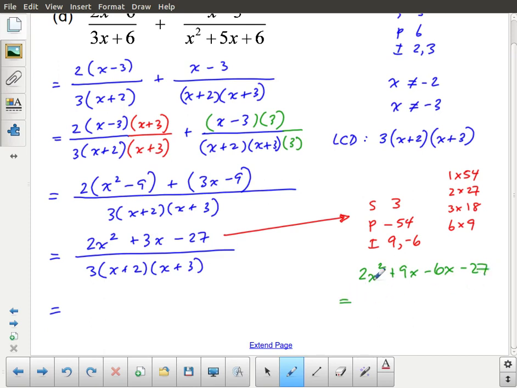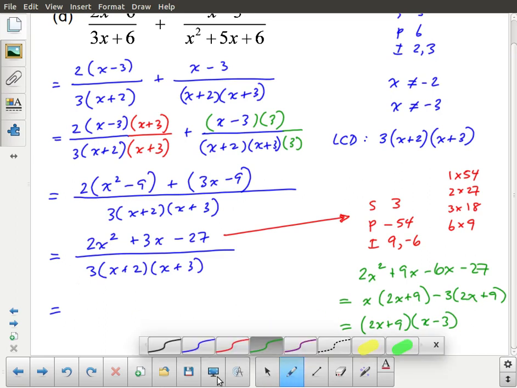And that's equal to, common factor here is x, and then I get 2x plus 9 minus 3, and then 2x plus 9. And so this ends up being 2x plus 9, x minus 3. And so that becomes my new numerator.